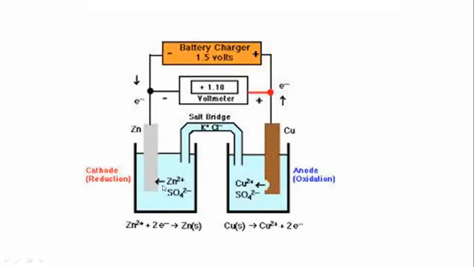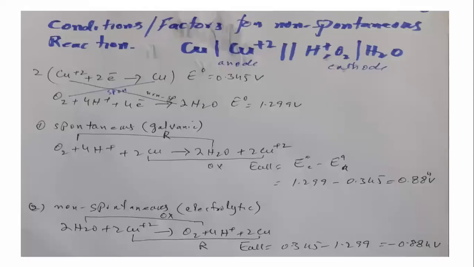Or if you want to deposit the zinc on the cathode, you need this potential. So today I am going to discuss the various factors. That means this will update your knowledge of what we have already studied at the level of your BS.